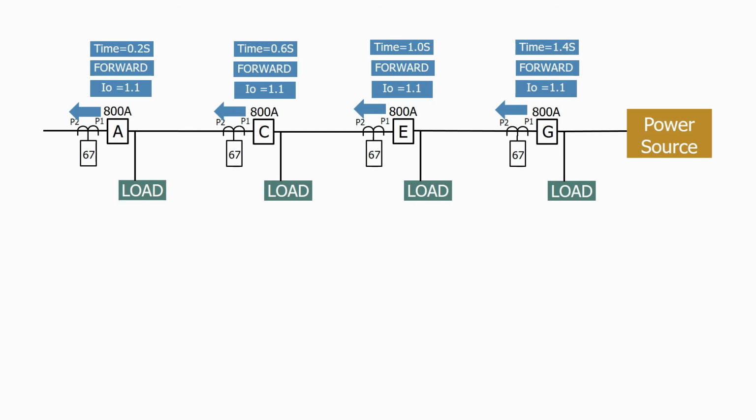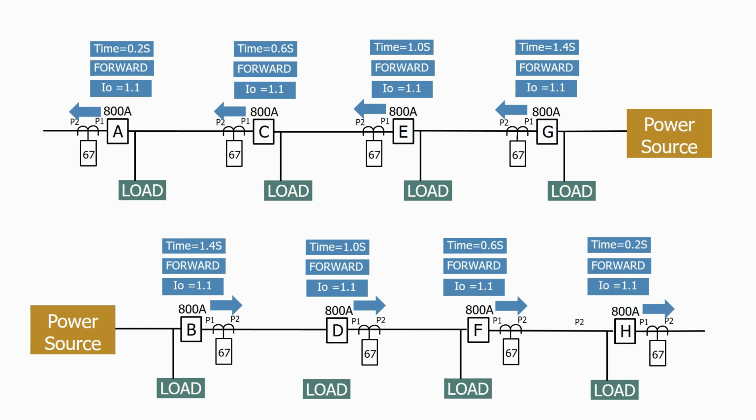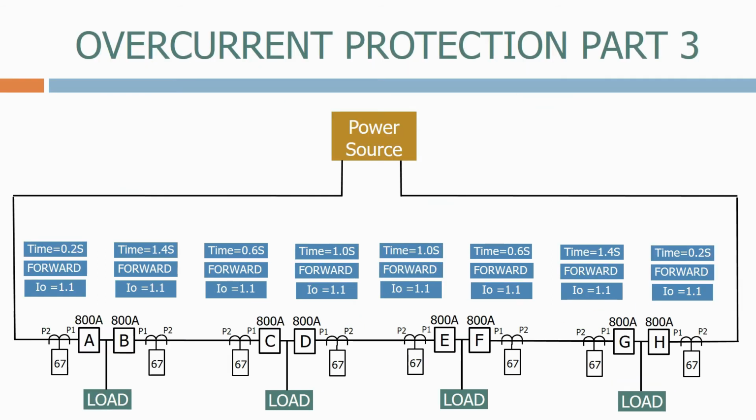Let's now apply the same principle to the second chain. Let's now transfer these time delays and current directions onto the original network. We end up with this arrangement, with all the relays on the left of the breakers looking left, and all the relays on the right of the breakers looking right.